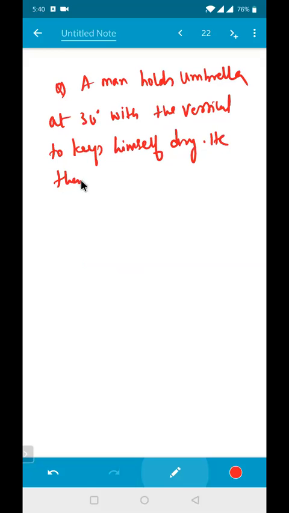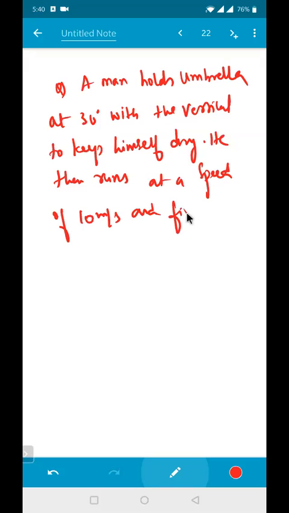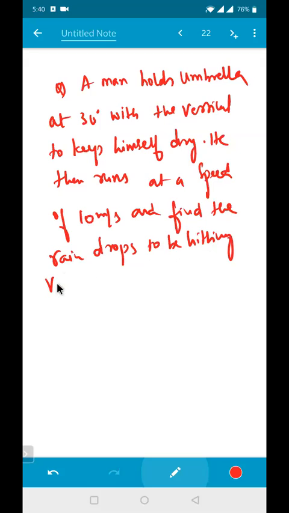He then runs at a speed of 10 meter per second and finds the raindrops to be hitting vertically.